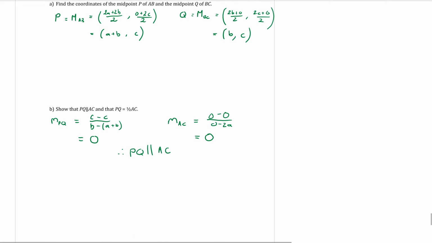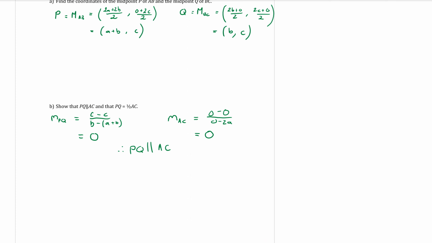Distance, can I see them up there? Yes. Distance is equal to, this is of PQ, a big square root sign. We subtract the x's. I'm going to do the a plus b first because it's nicer.